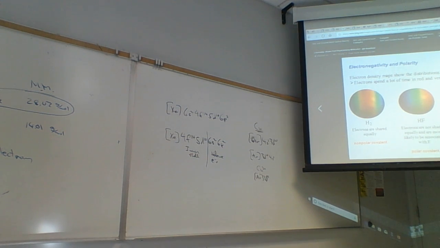You can see the sodium is practically all blue, and the fluorine is practically all red, showing that's the most polar. The most polar are going to be between metals and non-metals. They're going to have the greatest electronegativity difference.